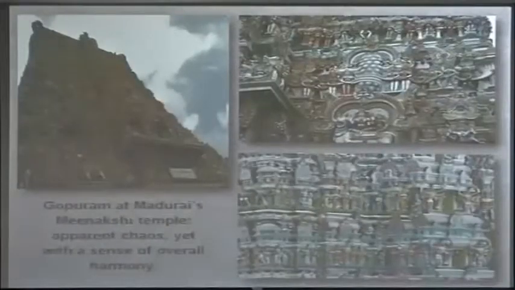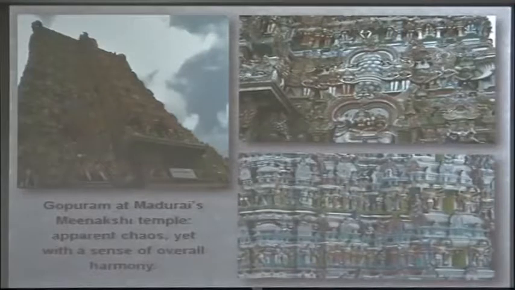Now, the thing which struck British and European Indologists when in the 19th century they started describing this temple and trying to make sense of Hindu architecture, Indian architecture, is the fact that there seems to be some uncontrolled exuberance, uncontrolled, what some of them actually called chaos.